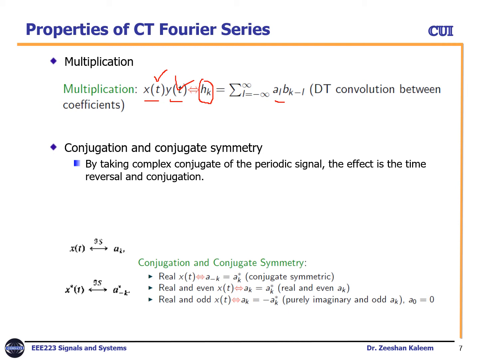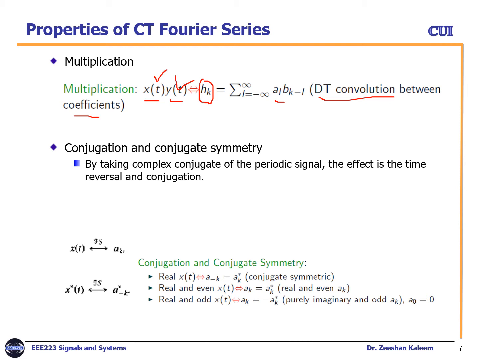So this is a kind of discrete time convolution between the coefficients. Whenever you multiply two signals, the resulting Fourier series coefficients will be the convolution of the two coefficient sequences.